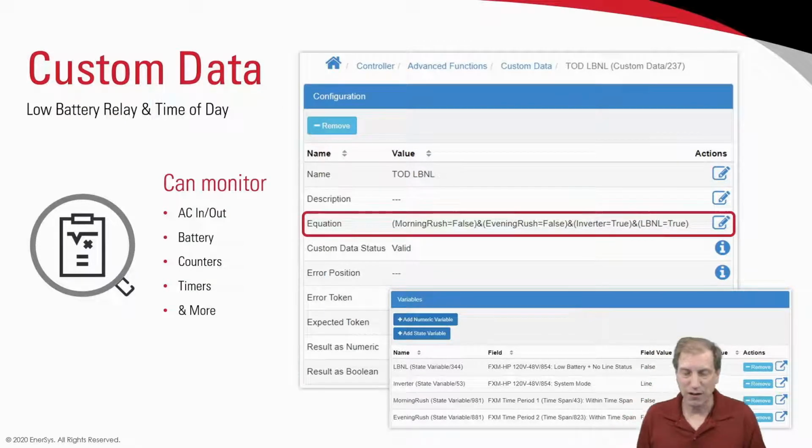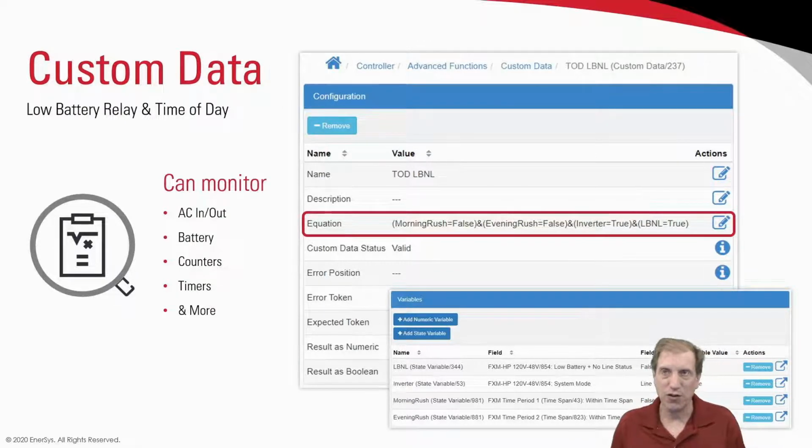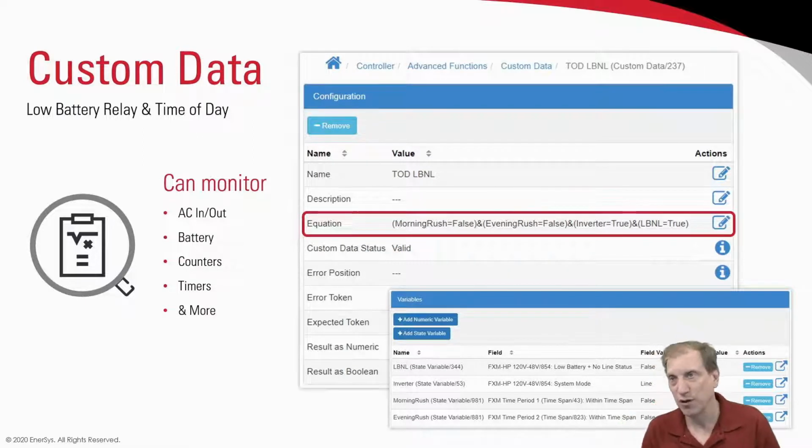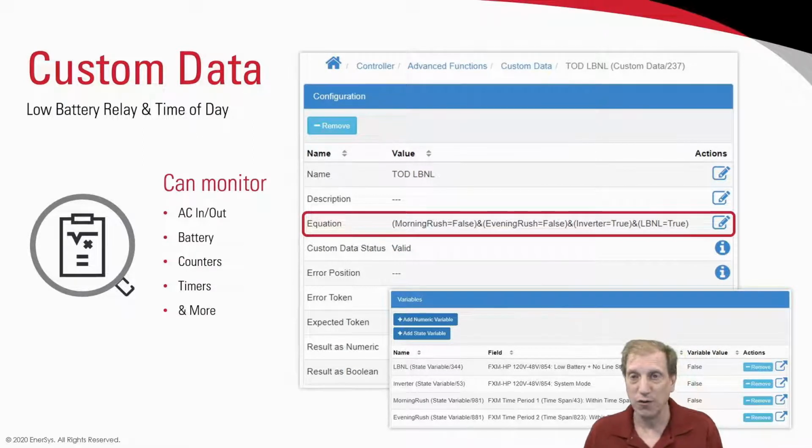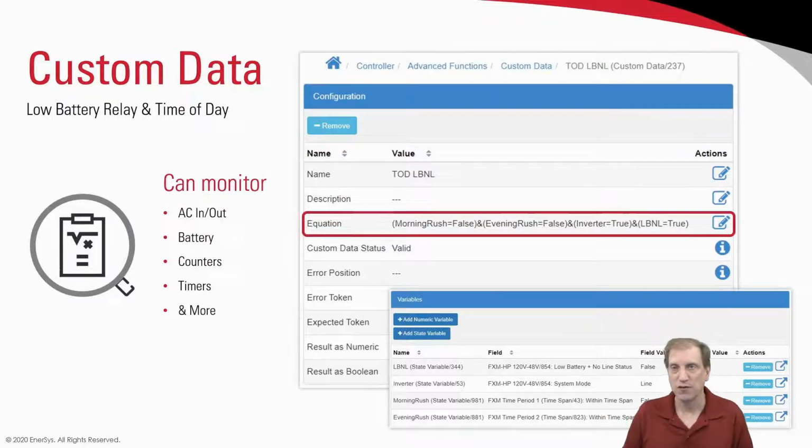With custom data, what you're going to do is write a formula, and that formula is supported with variables. Those variables are monitoring things within the system. For instance, you can watch the AC input and output, battery counters, timers, and much, much more, basically monitoring what's happening with the system with each of those variables.